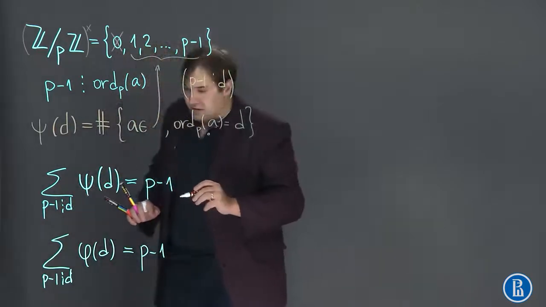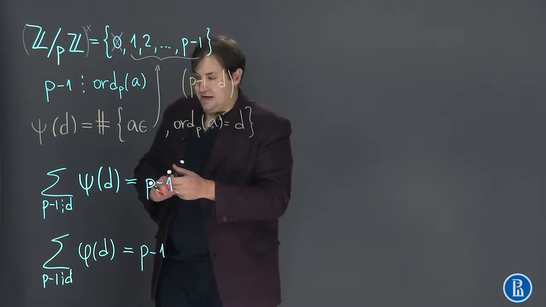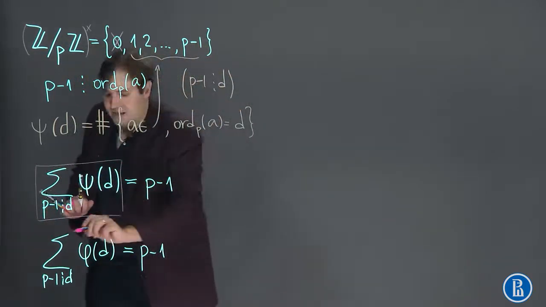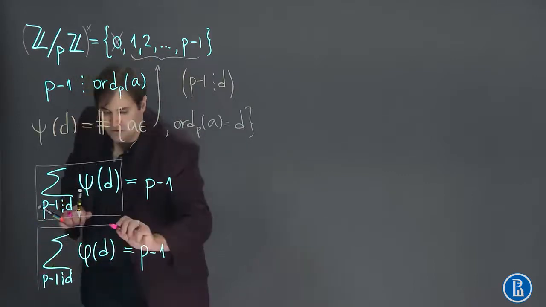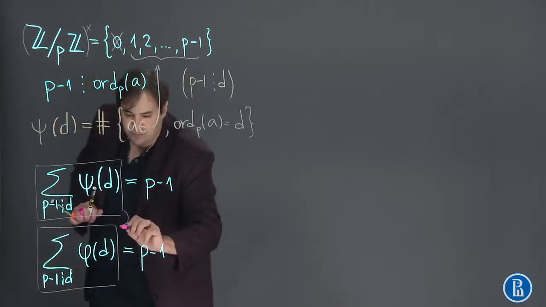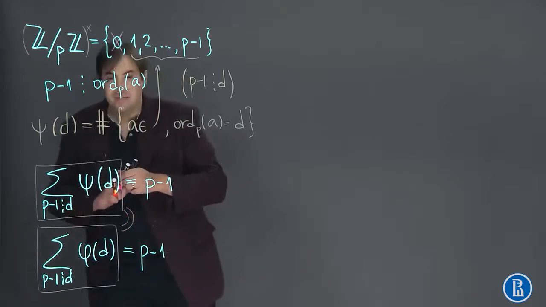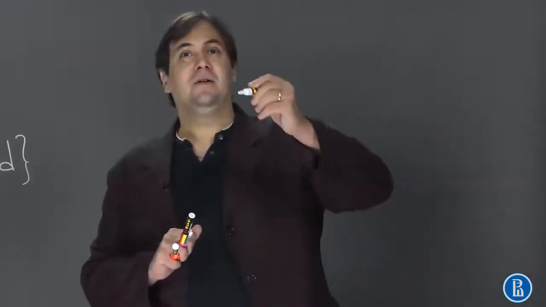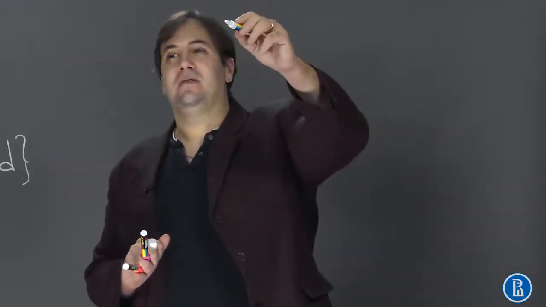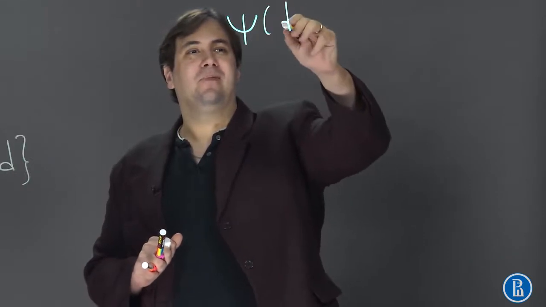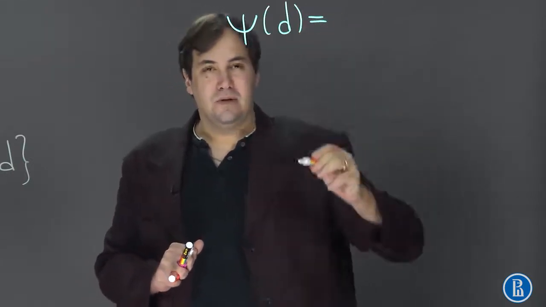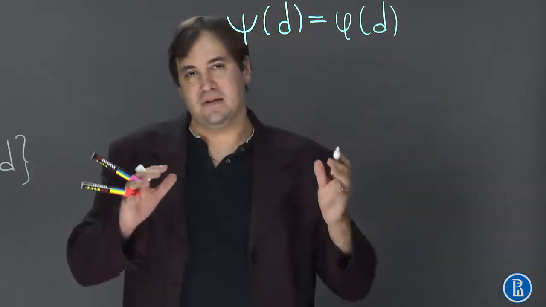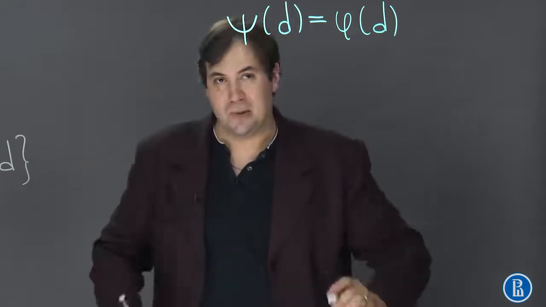From this it follows that the sum of psi of d and the sum of phi of d are equal. And now we will prove that actually for any d, psi of d is equal to phi of d. No, not just for any, but those that are divisors of p minus 1.